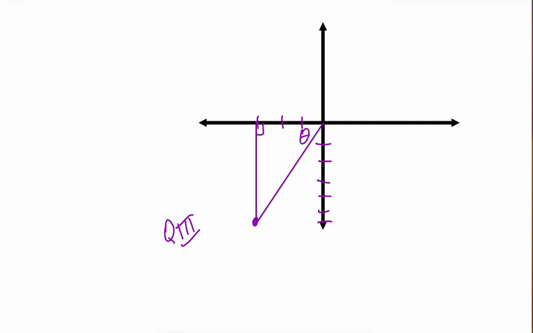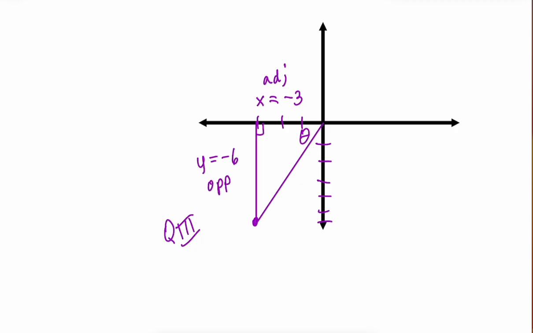Last step, let's label our sides. The x's always are adjacent, and in this particular problem, we went over to the left 3, so it's negative 3. The y is always our opposite. We went down 6.